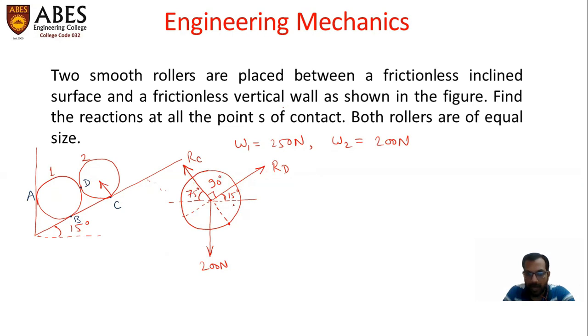The angle between RD and 200 newton, this complete angle will be 90 plus 15, that is 105 degrees. And the angle between RC and 200 newton will be 90 plus 75, that is 165 degrees.